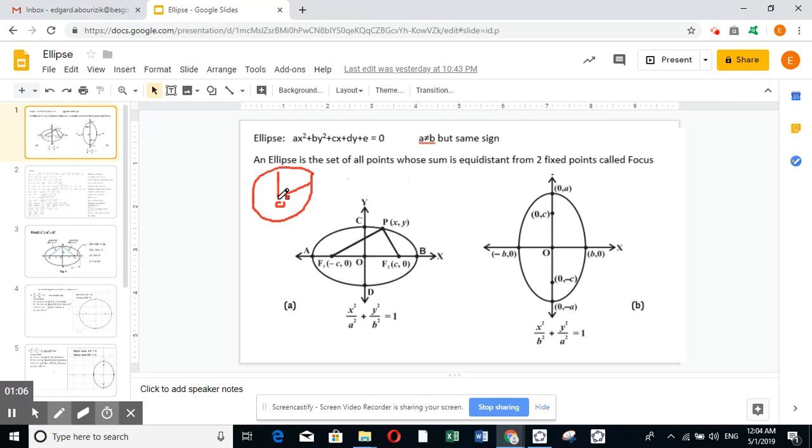However, in an ellipse, we are talking about 2 points. If you pick a point P and measure from P to F1 plus P to F2, you have a sum. Any other point having the same sum lies on the same ellipse. We have two forms of ellipse, horizontal and vertical.